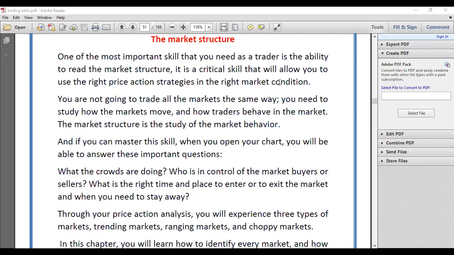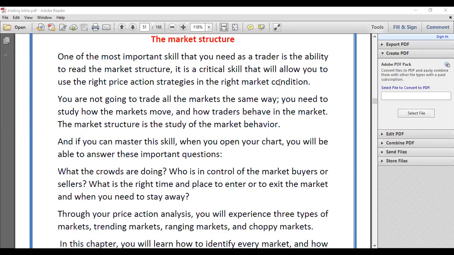So now, to know what the market wants to do, I told you that the foreign exchange is all about an exchange between two pairs.